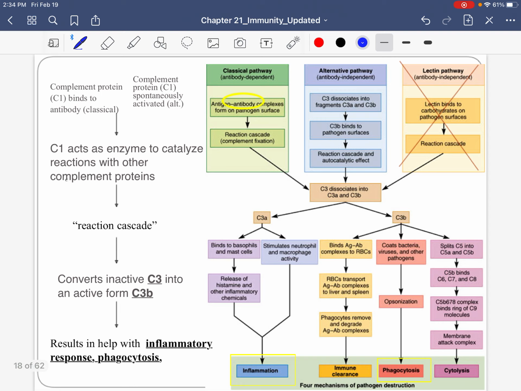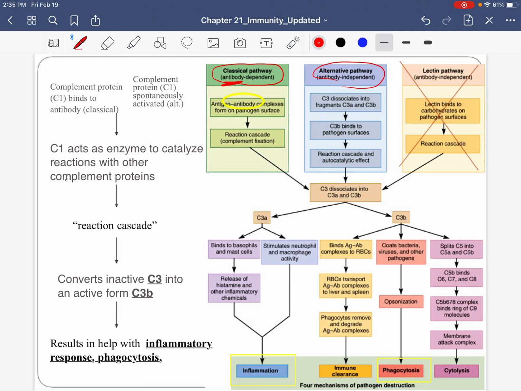Now, look at this nice fancy diagram. We're not going to be delving that deep, which you should be happy about. So what can we learn from this diagram? Well, we can already see what we talked about. We have two primary pathways. We're not going to worry about the lectin pathway, that's why it's crossed out. The classical pathway uses antibodies. The alternative pathway does not use antibodies.